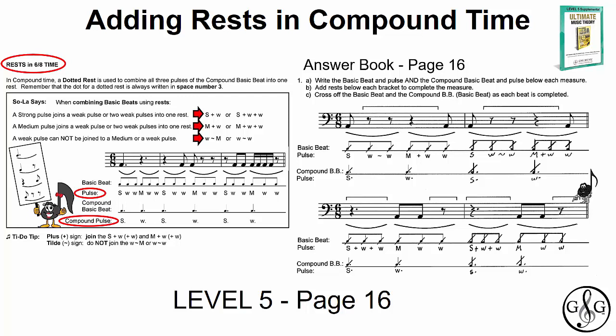So that's just simply making it easy, right? Check. And you can see, just as the student would, write the pulse, basic beat, compound basic beat, and compound pulse below each measure, and then cross them off as each is completed.